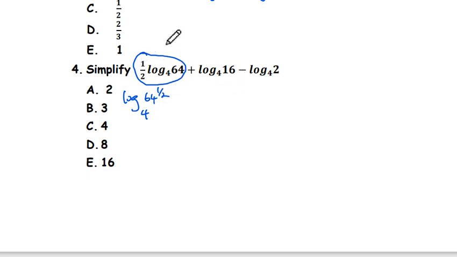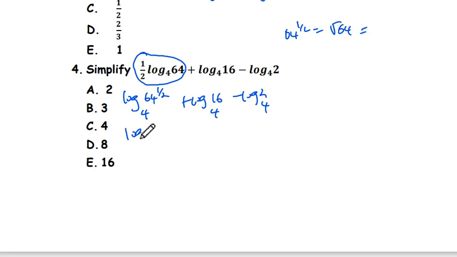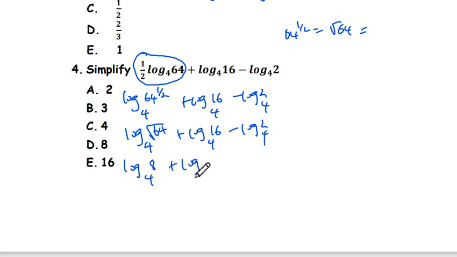That's 64 raised to the power half, plus log 16 base 4 minus log 2 base 4. 64 raised to the power half, according to the laws of indices, is the same as root 64, so it becomes log of square root of 64 plus log 16 base 4 minus log 2 base 4. Square root of 64 is 8, so log 8 base 4 plus log 16 base 4 minus log 2 base 4.